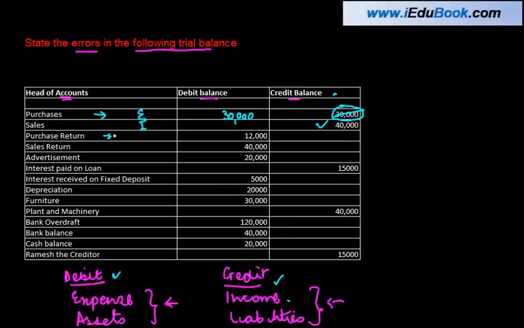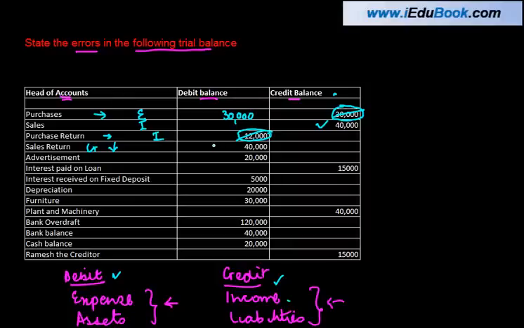Purchase return. A purchase is an expense. A reduction in an expense is what? It's a credit balance. It's put in on the debit side, so this is incorrect. Sales return. Sales has a credit balance, so return means what? It is reducing. A reduction in a credit balance is what?